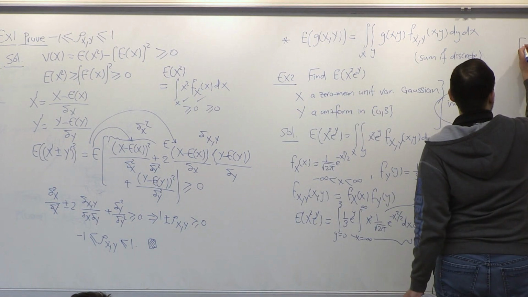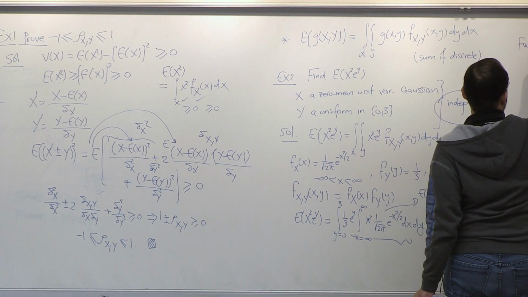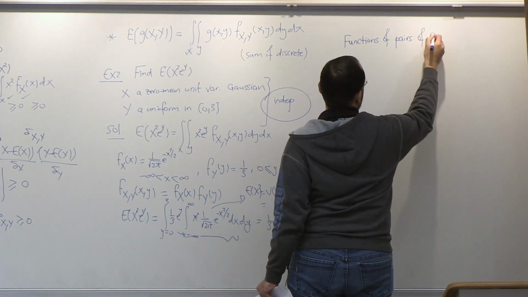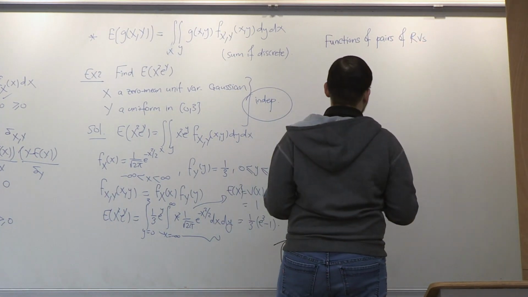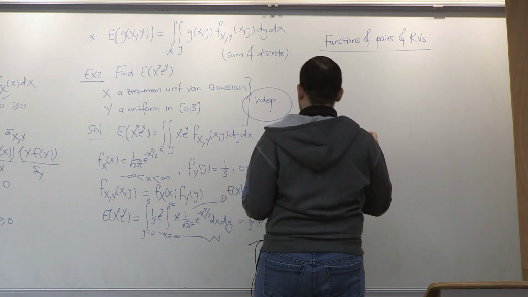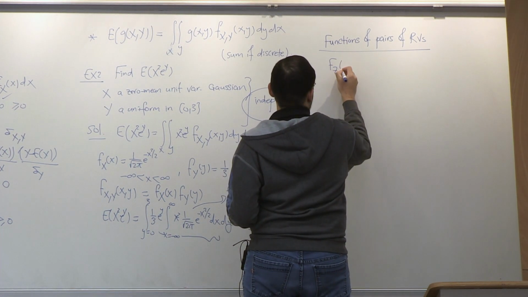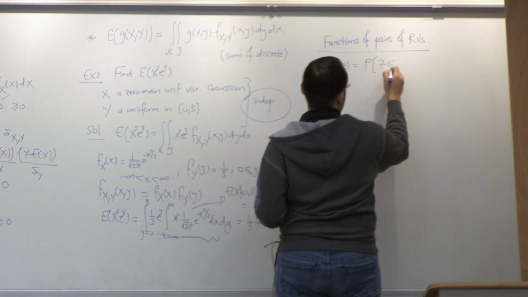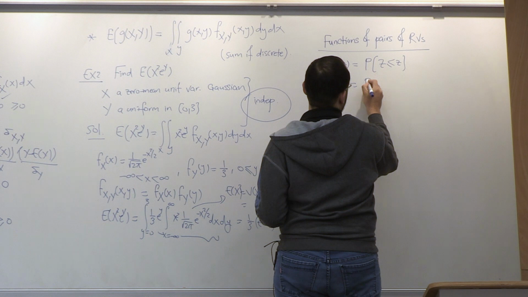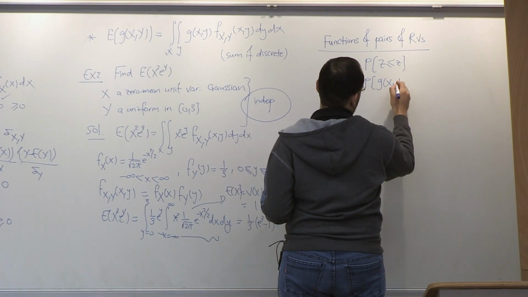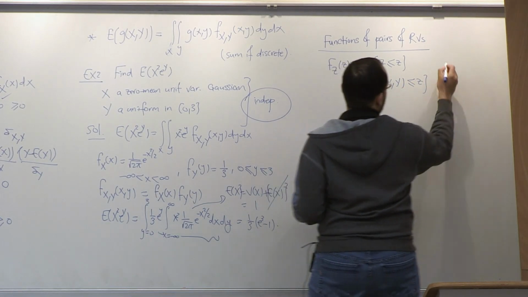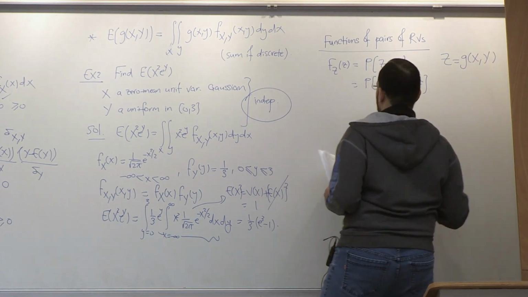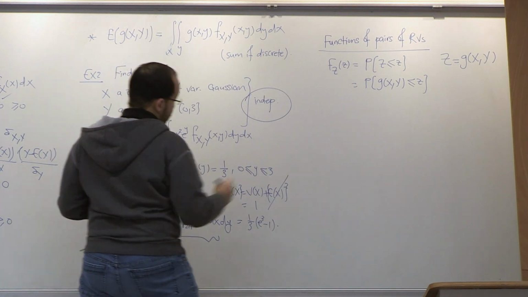Functions of pairs of random variables. We have already discussed a standard way of handling this, which starts from the CDF: the probability of Z less than or equal to z, the probability of g(X,Y) less than or equal to z, where we are talking about Z being a function of X and Y. How to handle that?